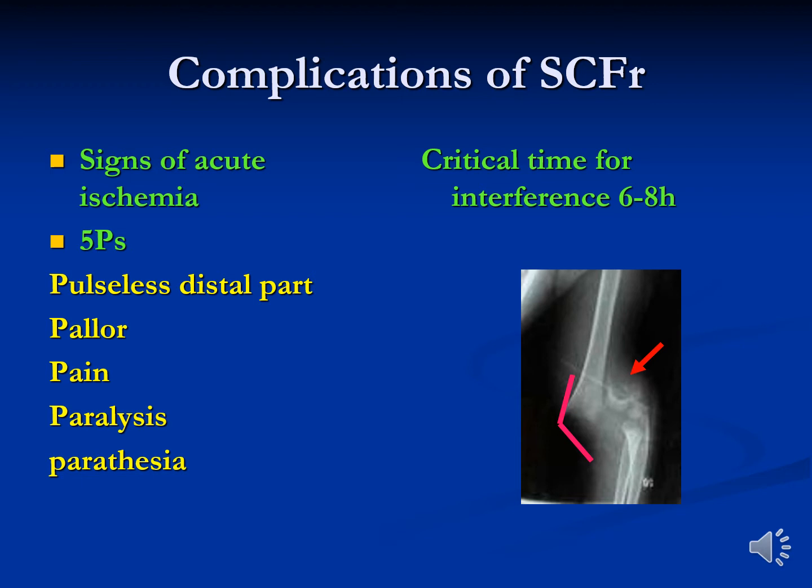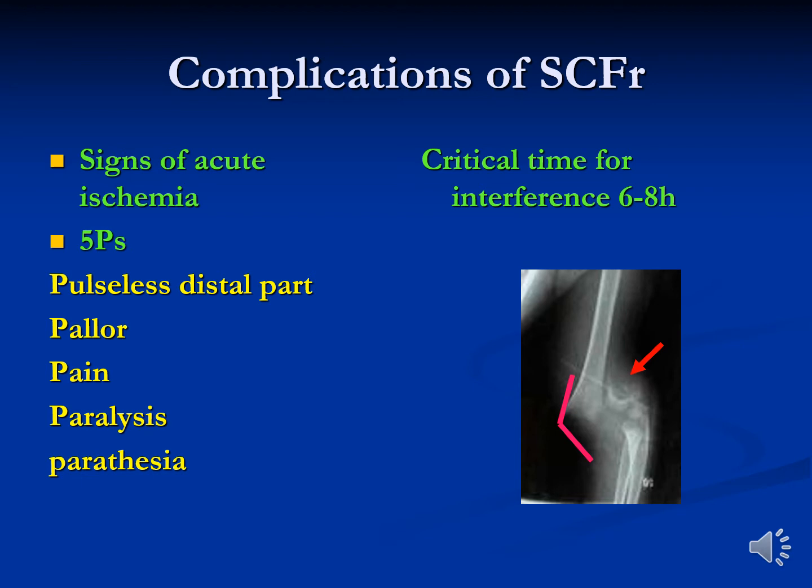What is the most important sign to diagnose ischemia in a case of supracondylar fracture? Pulsation, capillary circulation. Sluggish capillary circulation of the nail bed is the surest method to diagnose vascular insult.